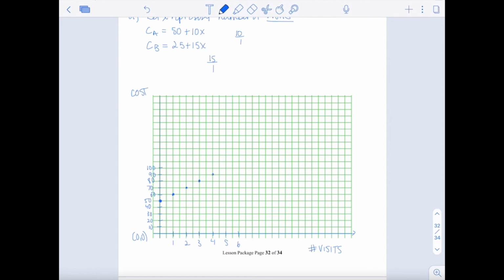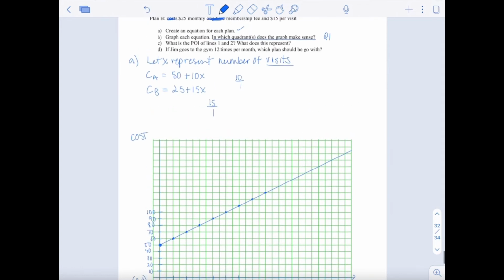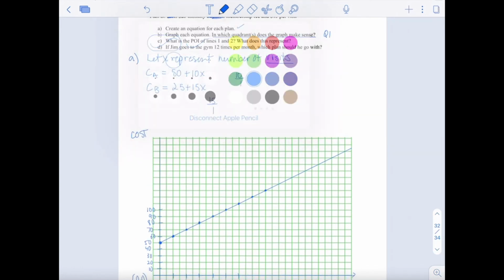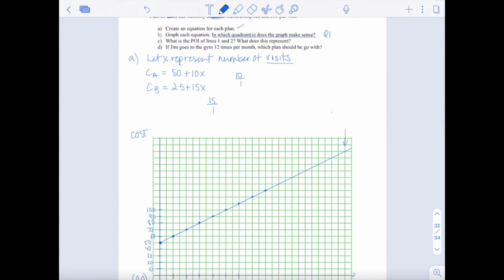Okay, and I can see that although on this grid it looks like the slope is 1 over 2, when I look at the units that I've put on the bottom, it's actually 1 over 10. Okay, so if I join that with a ruler, it should look pretty good. So this is plan A. That has equation C_A is 10x plus 50.